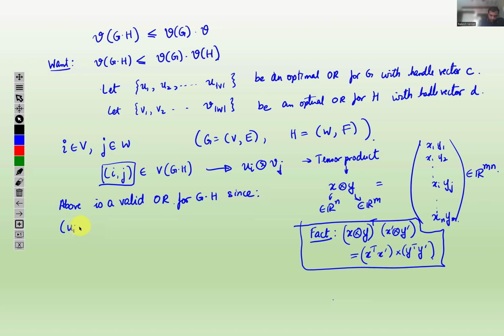So if I have u_i tensor v_j transpose times, suppose I take u_i' tensor v_j', this is, by the fact, u_i transpose u_i' times v_j transpose v_j'. And if either of them is not an edge, then this will be zero.